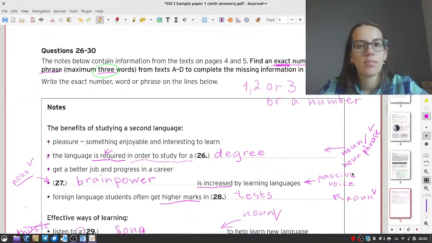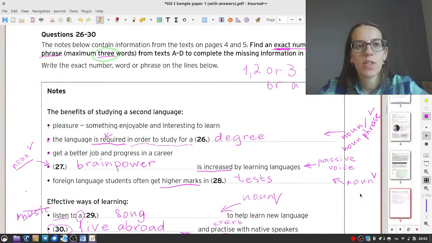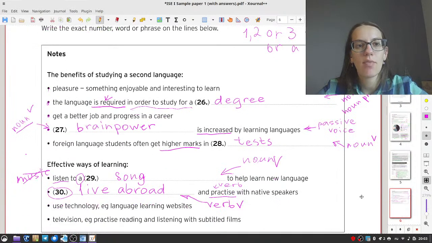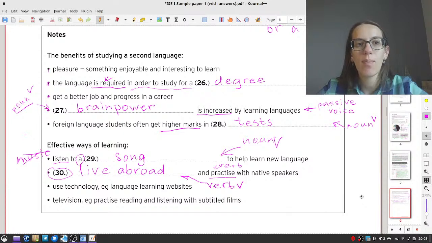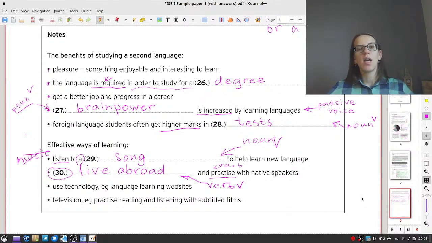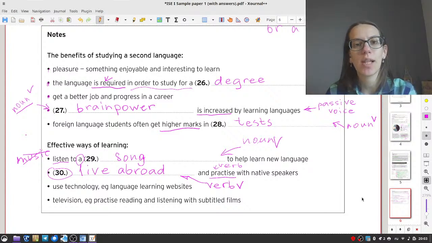And in questions 26 through 30, we have some notes about the text we've read. And they never use the same sentences from the text. They always change the language. But you have to find words from the text. You can't make up words.